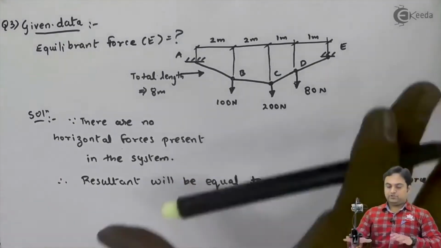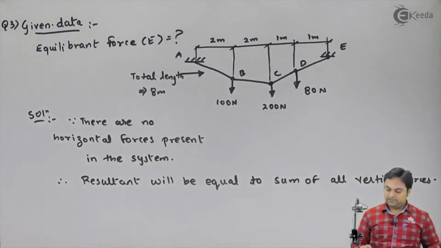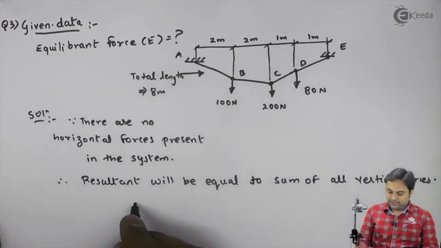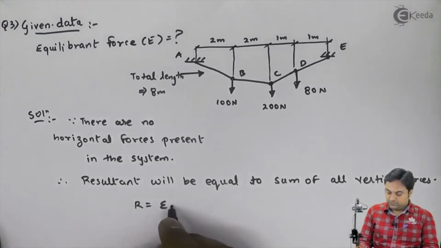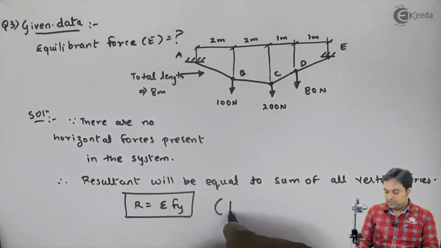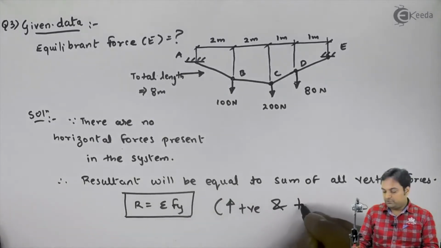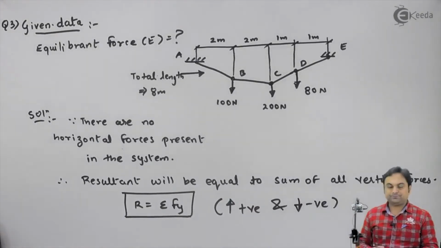In the absence of horizontal forces, the resultant would be given by the sum of all vertical forces. Hence, capital R is equal to summation of Fy, the sum of all vertical forces. Upward forces are to be considered positive and downward forces negative.